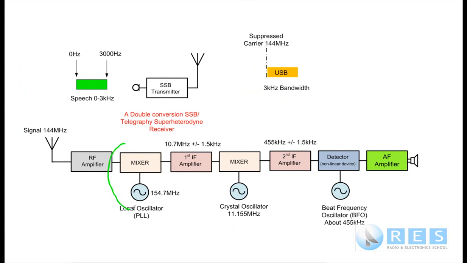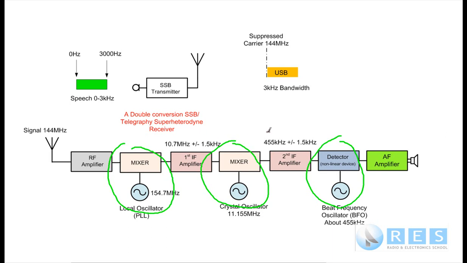So that's a frequency changer that changes 144 to 10.7. This is a frequency changer that changes 10.7 to 455. This is a frequency changer, and it changes 455 kilohertz to voice frequencies.